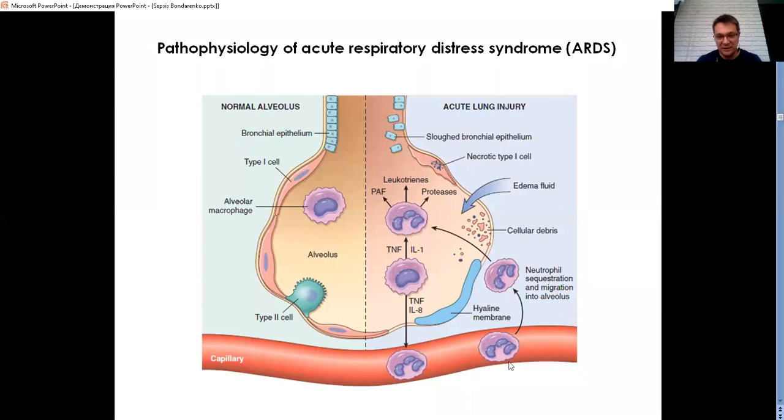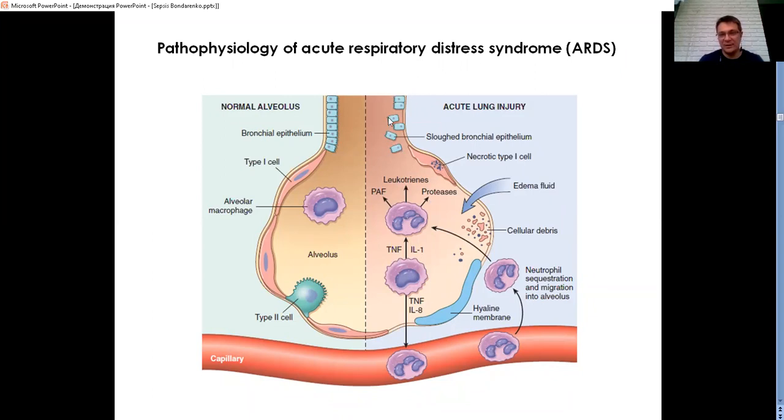And what you may see, the systemic activation of the neutrophil, finally the sequestration and migration into the alveoli, and finally damage of the alveolar epithelium due to the release of different factors like leukotrienes, TNF, interleukin-1, and interleukin-8.